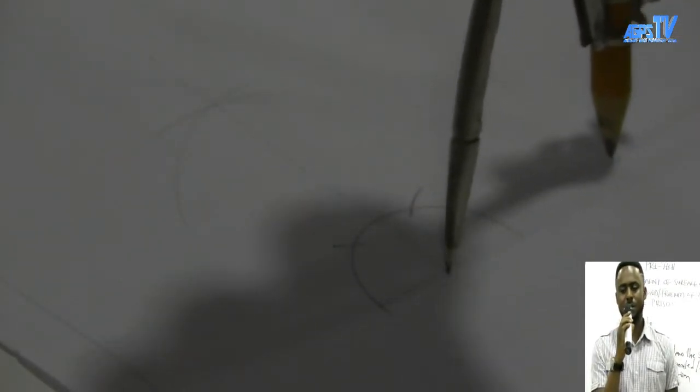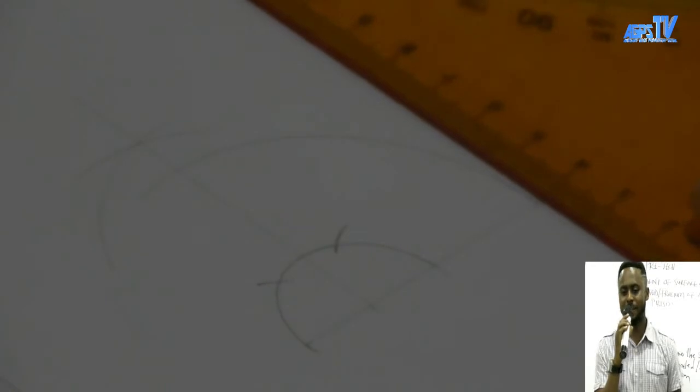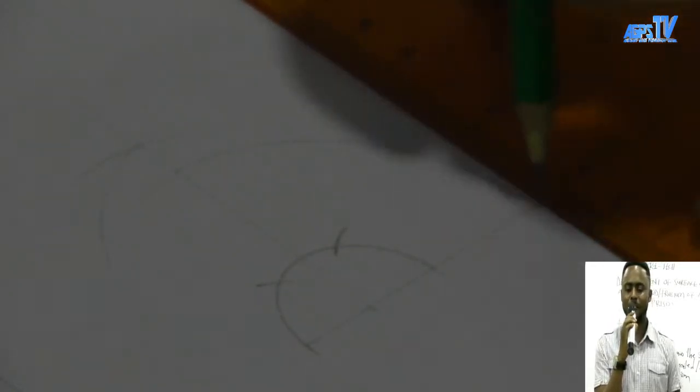Good. So to the other edge, then I draw an arc to cross my perpendicular line. Then I project the other edge up. Good. So I enclose it by joining the other edge.